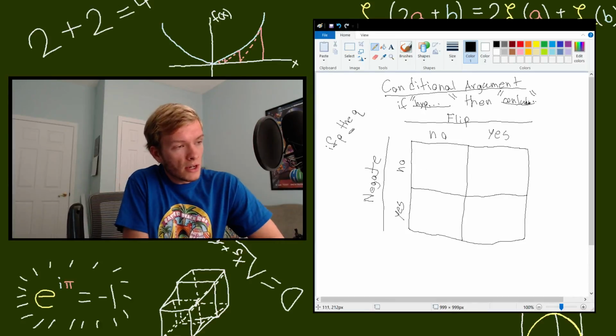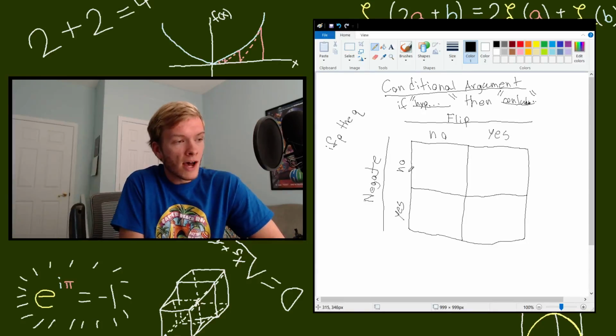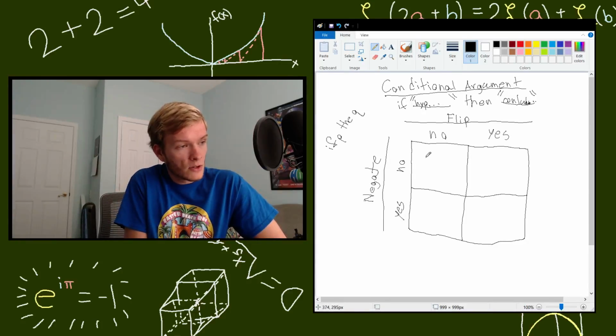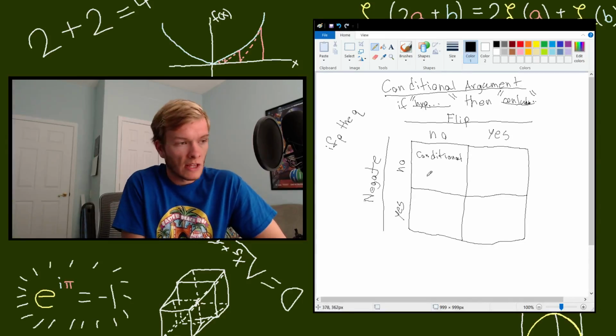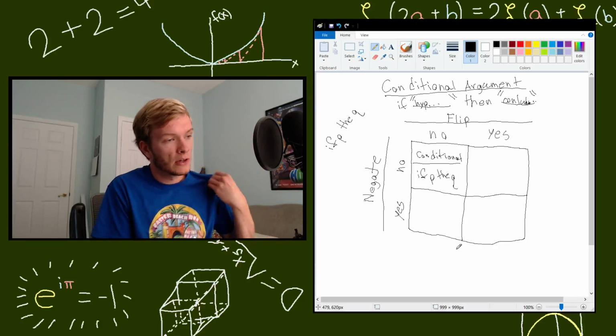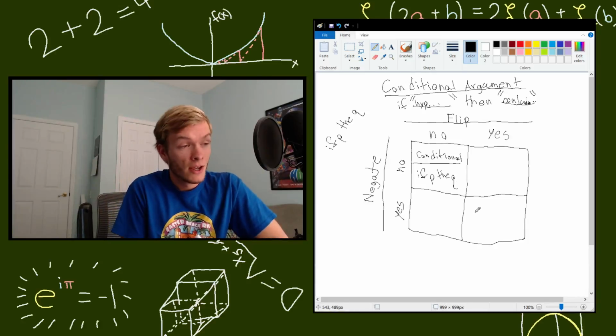So the original is not negated and not flipped. So we're going to write that here. This is going to be called the conditional, just because it's the original conditional argument that we were talking about. So this is: if P, then Q. I'll put a little tail there to get a little bit more differentiation.